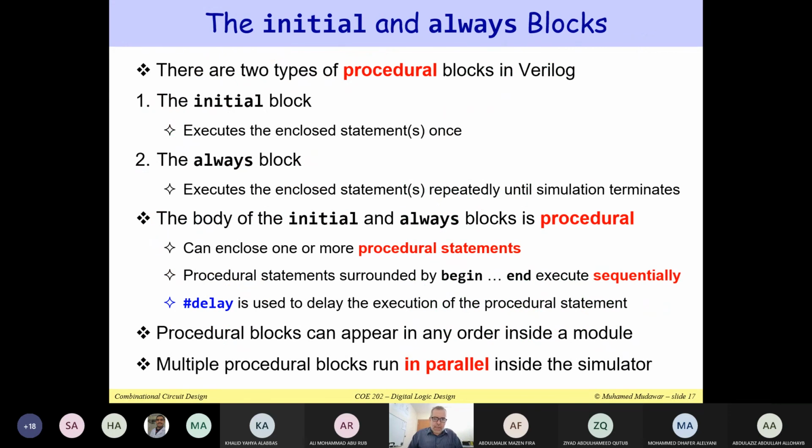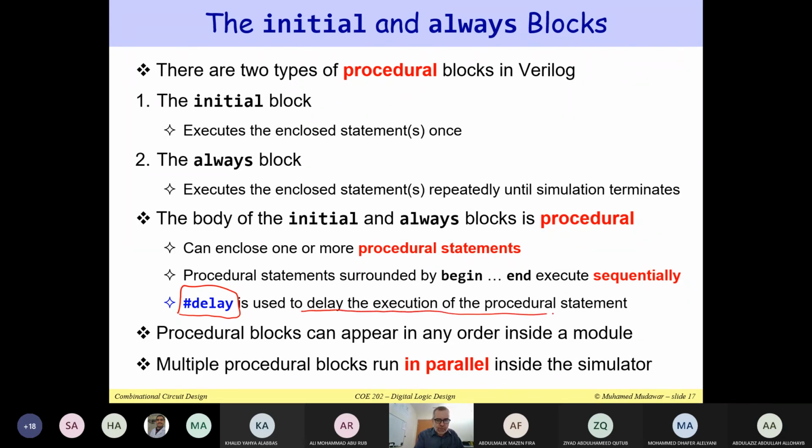So both the initial block and the always block are called procedural blocks in Verilog. These are the two different types of procedural blocks in Verilog. And they are called procedural because the body of the initial and the always are procedural. So we can write procedural statements inside them. Notice the hash delay. I use it to delay the execution of the procedural statements.